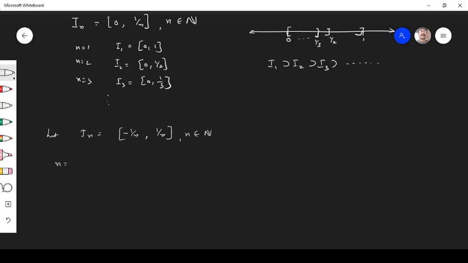When n is equal to 1, I1 is the closed interval [-1, 1]. When n is equal to 2, I2 is the closed interval [-1/2, 1/2]. When n is equal to 3, I3 is [-1/3, 1/3], and so on.